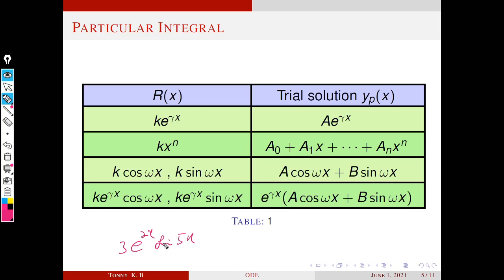Suppose this is our r of x. Then what is the trial solution? Then the trial solution is e raised to gamma x, that is the same, so e raised to 2x into A cos 5x plus B sine 5x. So this is the trial solution. Here A and B are unknown, so we have to find this A and B using the method of undetermined coefficients.